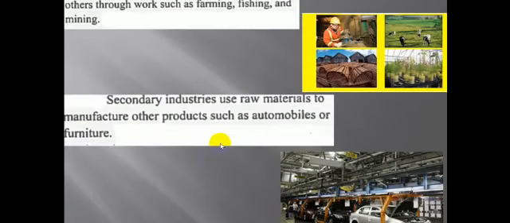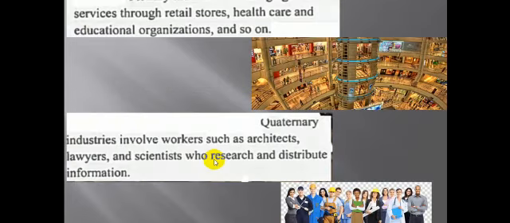Then we will take what was manufactured here and give it to retail stores, exchanging goods and services through retail stores. Not only goods here in tertiary industry, but also services like healthcare and educational organizations. The last one, quaternary industries, involves workers such as architects, lawyers, and scientists, and I told you all this form of jobs and work are in quaternary industries, and they distribute information.